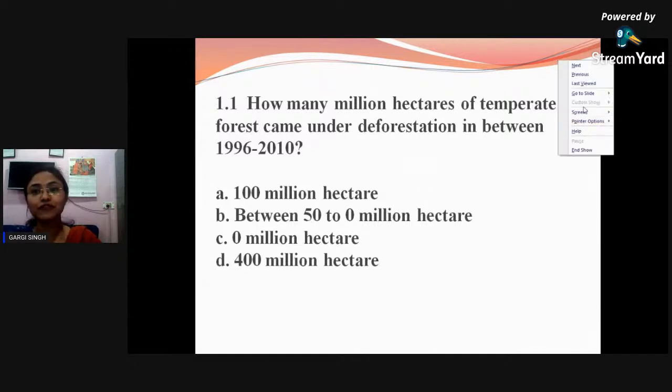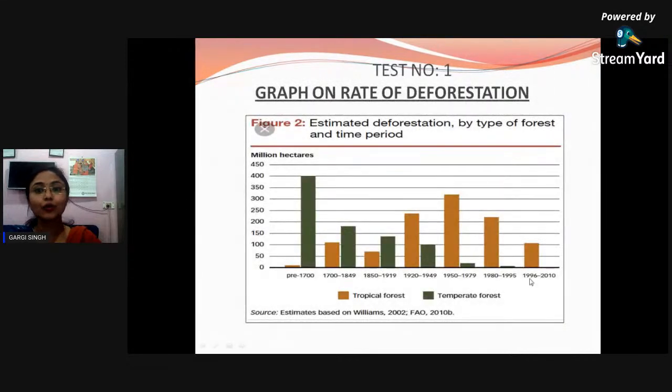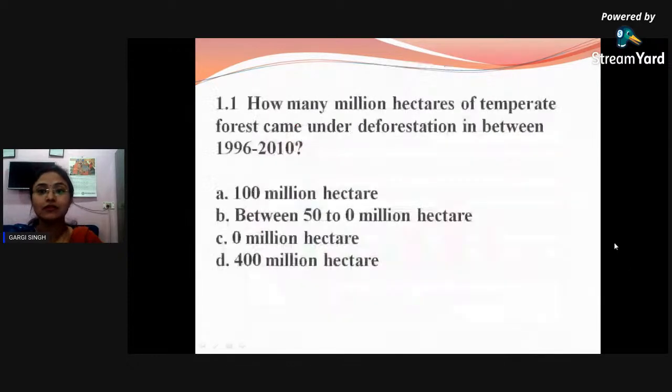Let me take you to the previous slide so that you understand which information is asked: 1996, temperate forest, the area covered under deforestation. The options are A, 100 million hectares. Option B is between 50 to 0 million hectares. Option C is 0 million hectares and option D is 400 million hectares.